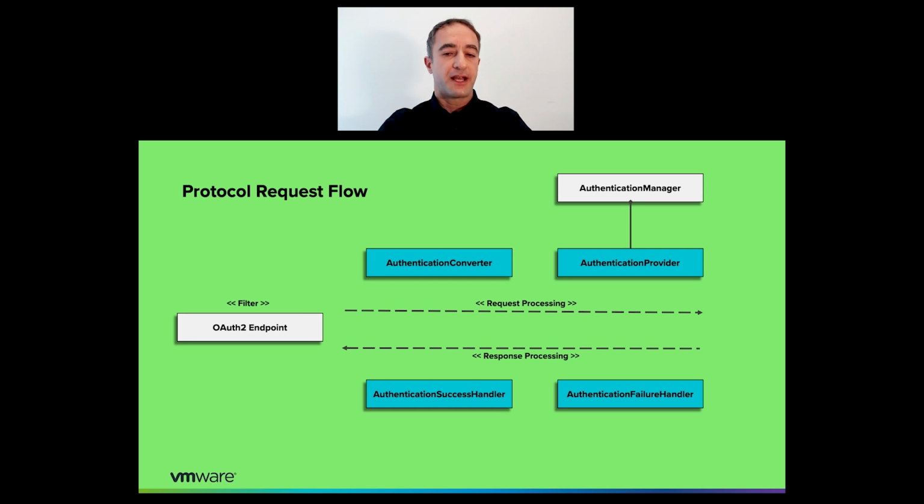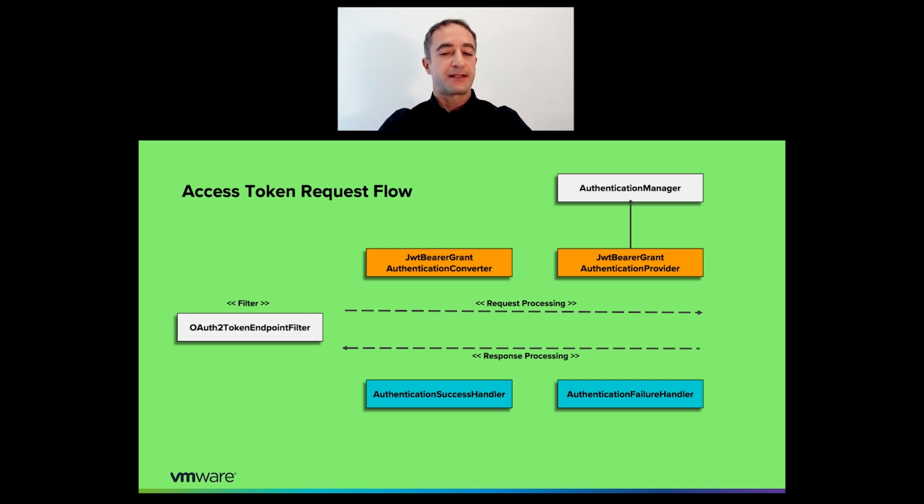So what do I have to do now if I want to implement my own authorization grant, specifically the JWT authorization grant? What do I need to implement? Let's jump to that next screen here. As you can see, the orange colored components, I have to implement the authentication converter and the authentication provider. The authentication converter, similar to the authorization code grant, is going to look for the grant type parameter.